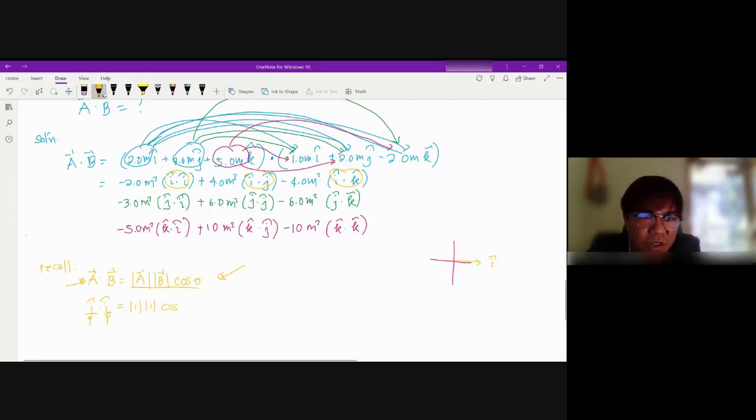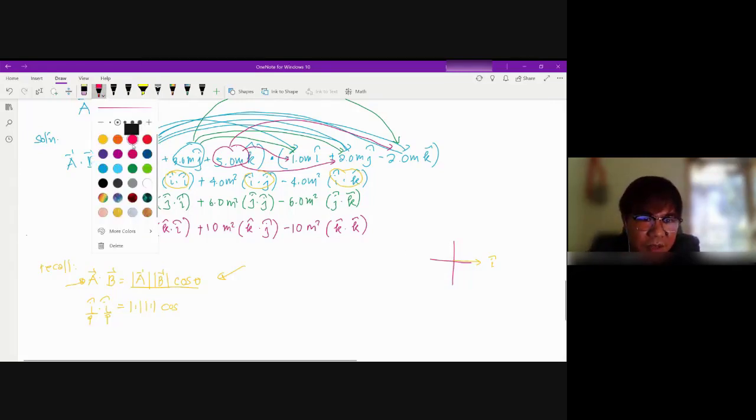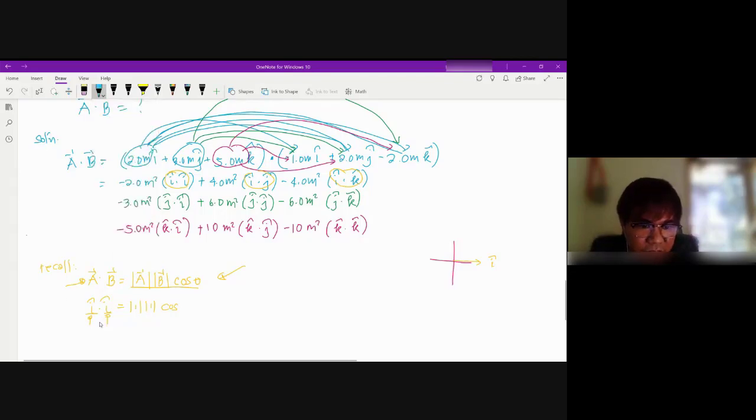Now I will draw the next unit vector, for example, at this location. This second unit vector is also the same as this.